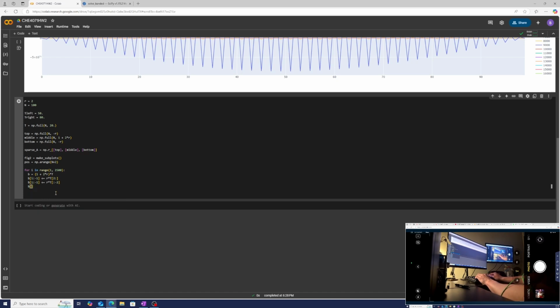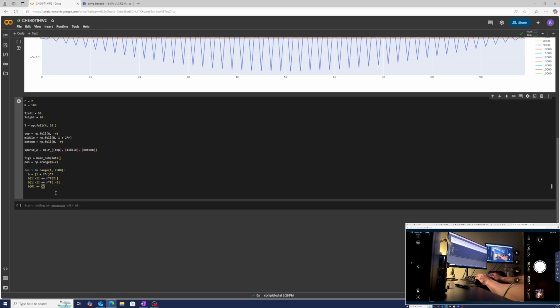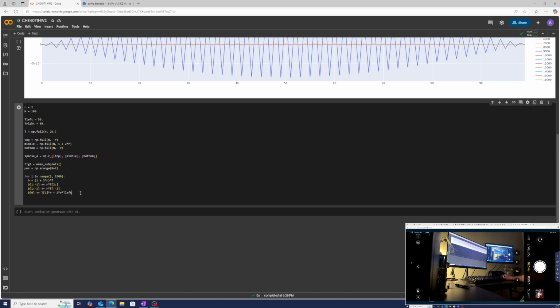So our first value in our set, B 0, is going to be plus equals, we need our second value, t1 times r, and also plus r times our t left, which would be the constant temperature on our left side, which is adjacent to our very first n, or our position in between.